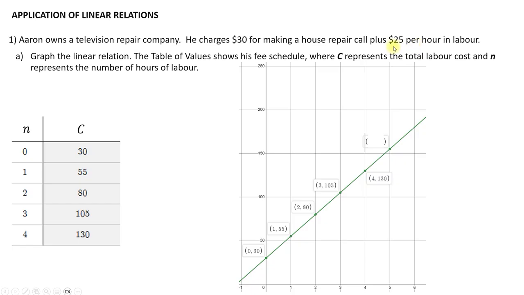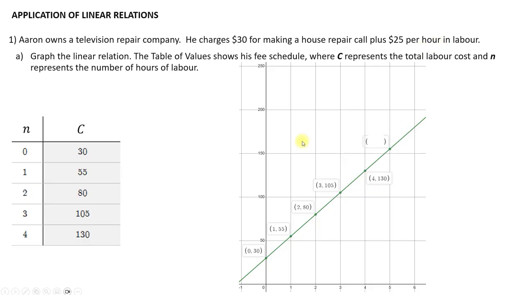In this case here, 25, as we're going to find out soon, is indeed the slope. And just when you read phrases like this, it'll give a little hint as to what the slope might be.